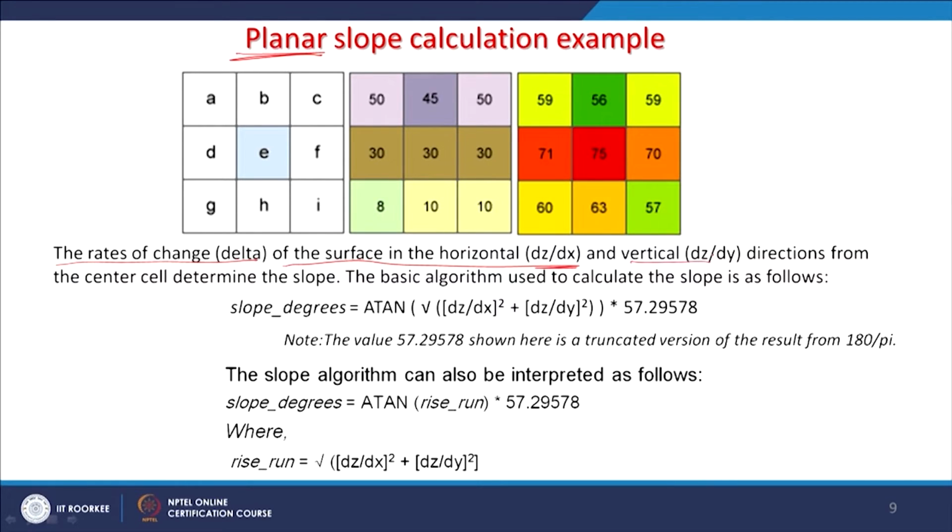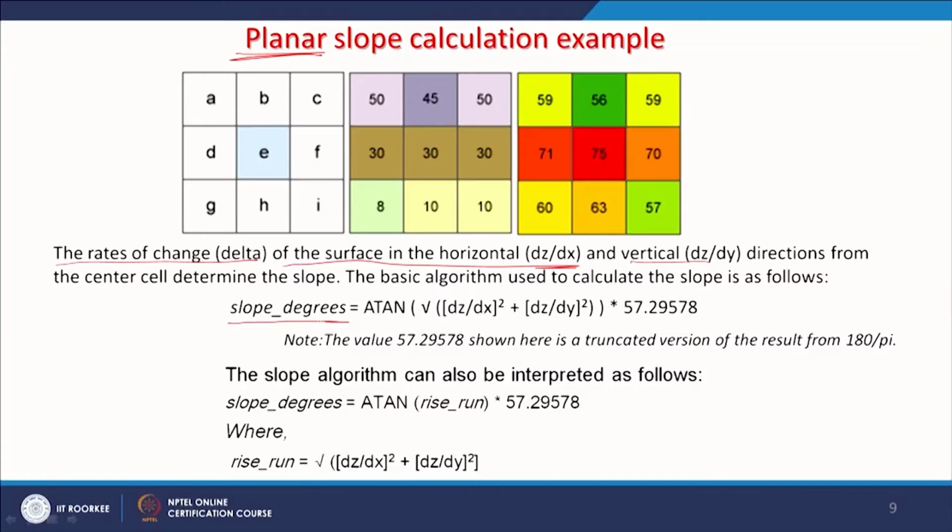Directions from the center cell determine the slope, and the basic function or algorithm used to calculate the slope is something like this: the slope in degrees is arctan of the square root of (dz/dx) squared plus (dz/dy) squared, multiplied by this truncated version, which is 180 divided by pi. So this value has to be multiplied with that, and then you get slope in degrees.